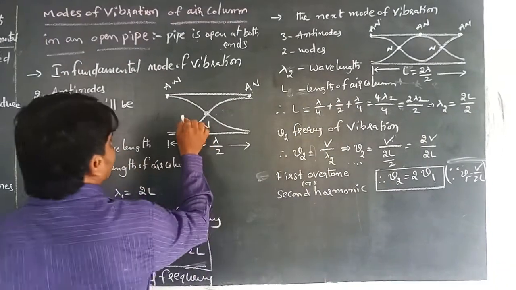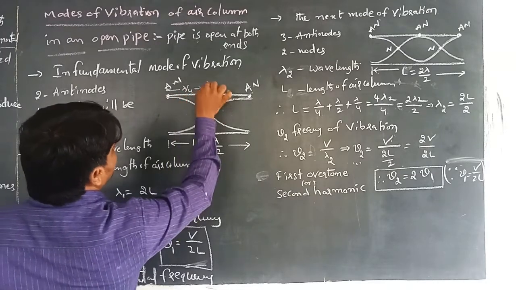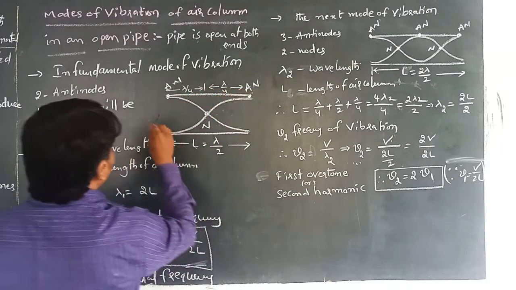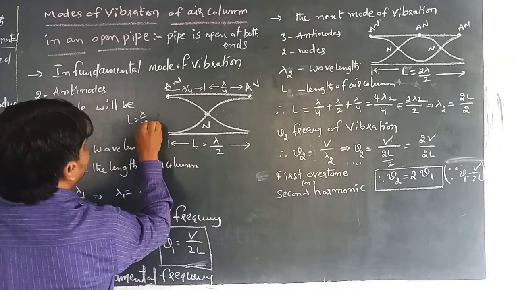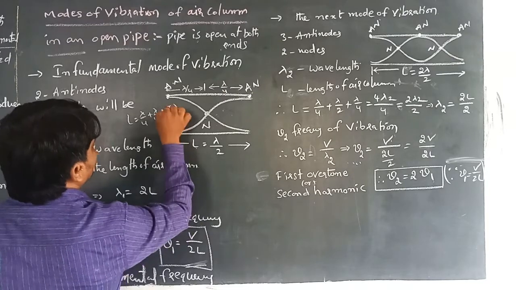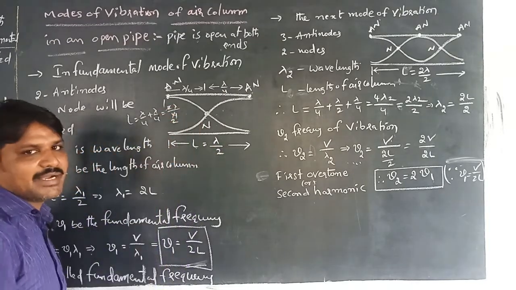So L is equal to lambda by 4 plus lambda by 4, that is 2 lambda by 4, and 2 ones are 2, 2 twos are 4, so we get L is equal to lambda by 2.